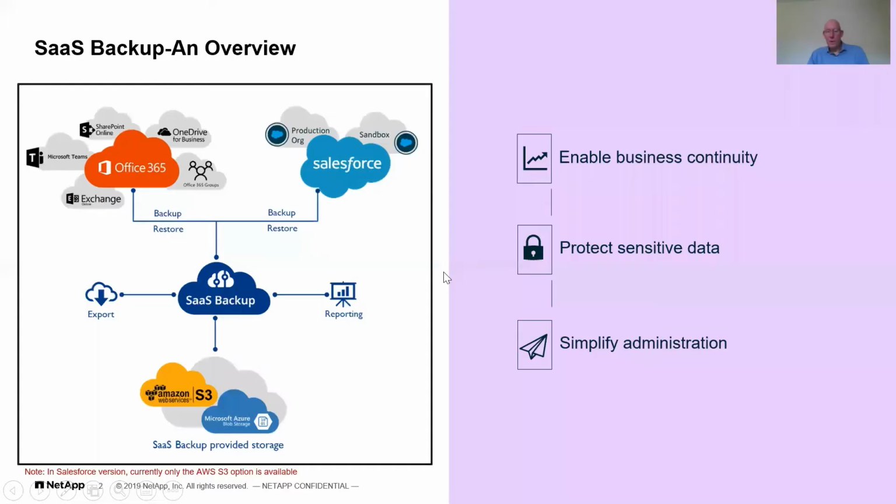So just by way of a quick summary then, we provide a managed SaaS backup service that is deployed in its own right as a SaaS service that can be consumed very easily. That can be deployed to back up Microsoft Office 365 and Salesforce environments.